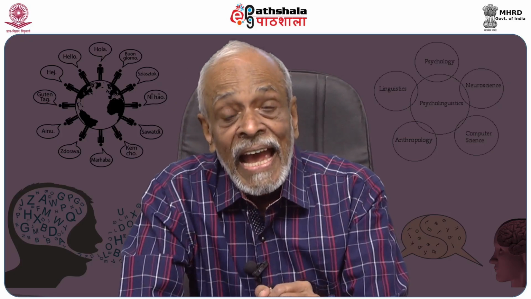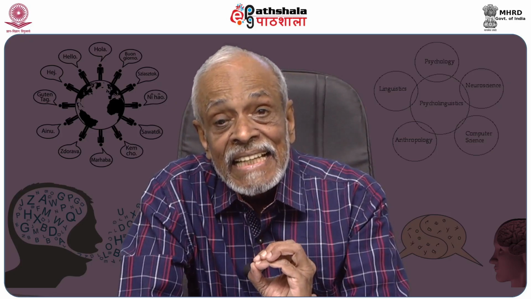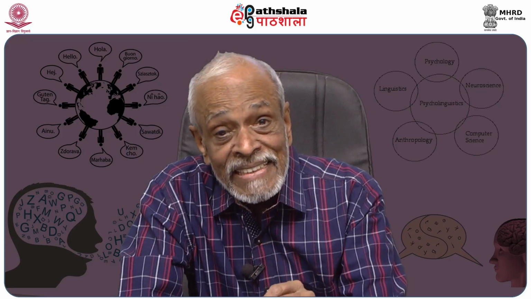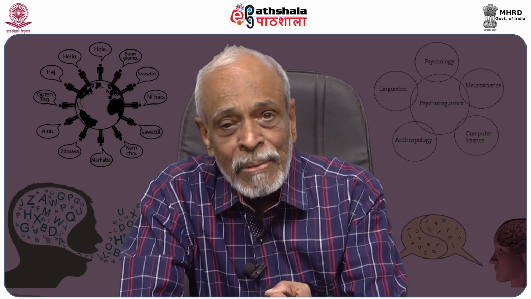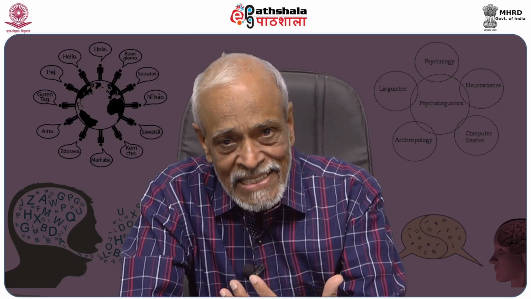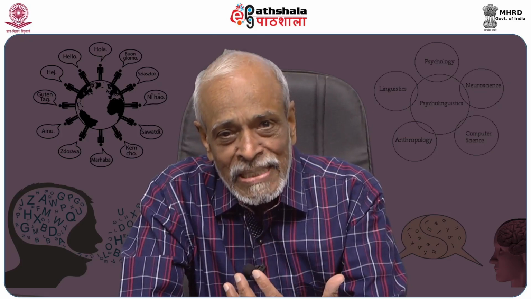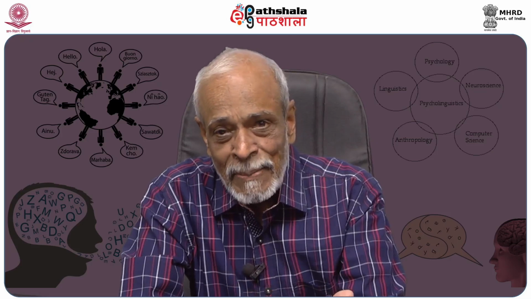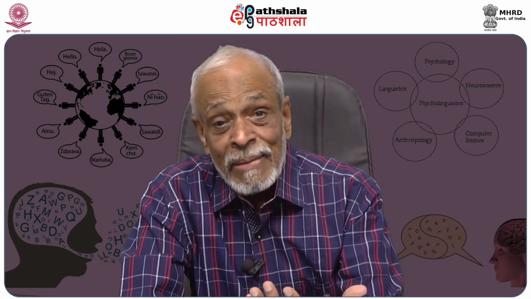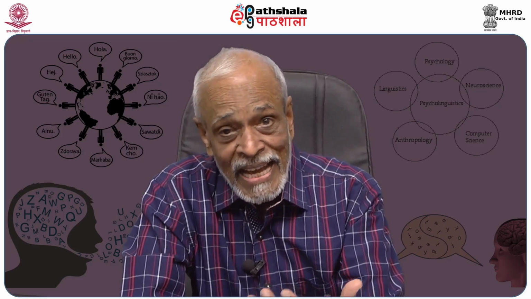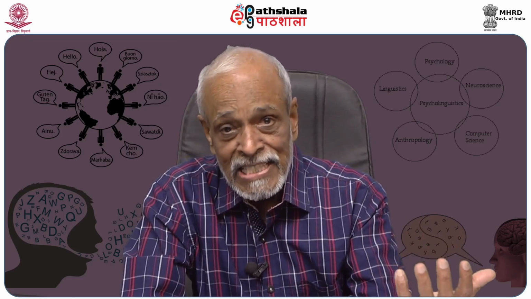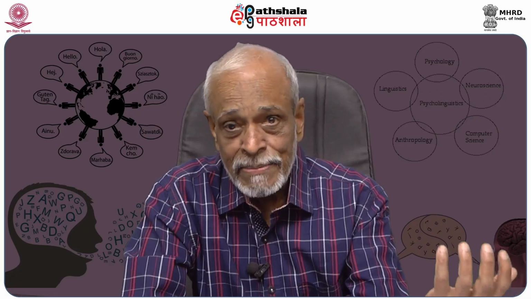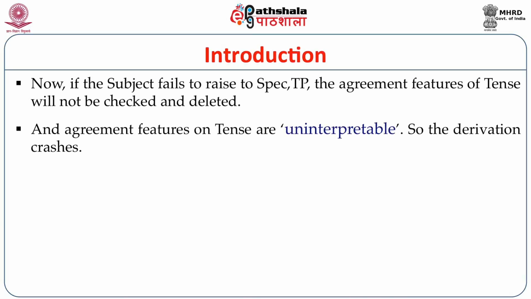And if they are not deleted, the derivation crashes, because a tense which is masculine makes no sense. So the semantic component says, I can't make any sense of this. I can make sense of masculine on the subject. He is masculine. But a past tense being masculine or feminine makes no sense. So this has to be deleted.